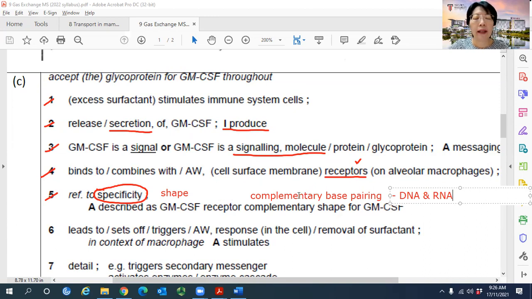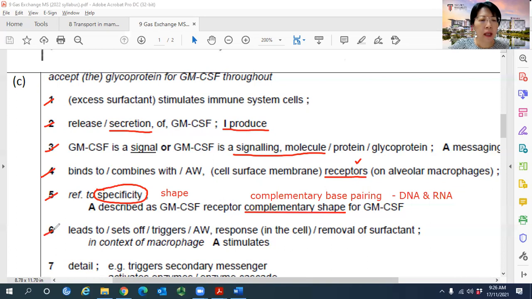But other than that, this is about binding of a messenger molecule to the receptor of the cell. It is not complementary base pairing because there are no bases there. So there is only complementary shape. This is something you have to be very careful about when you write your answer.